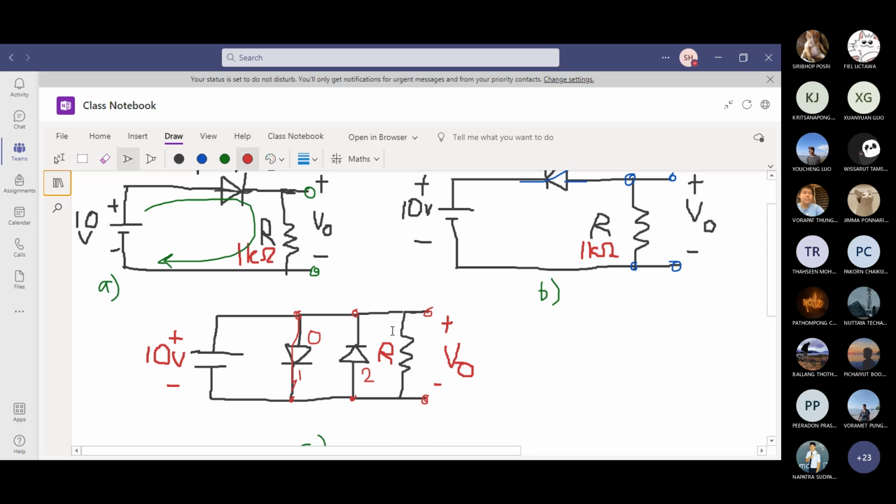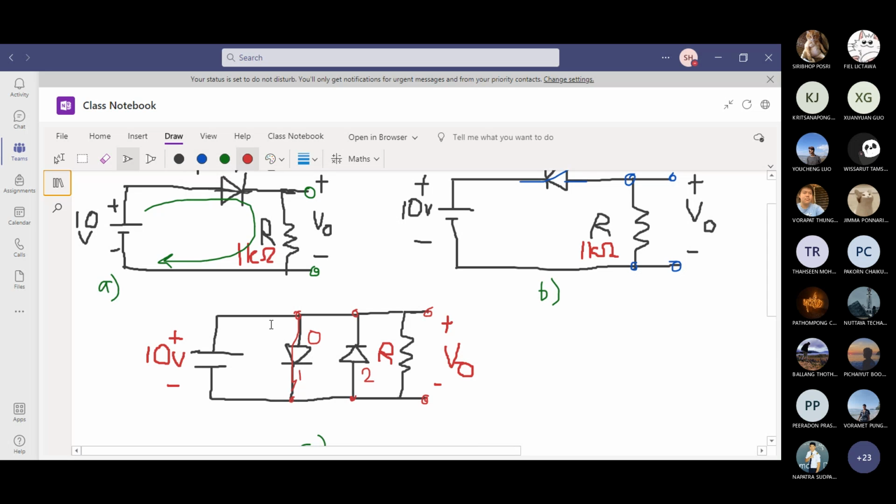Is the second diode on or off? On. How is it possible that both diodes are on? Because they are opposite of each other. So off.